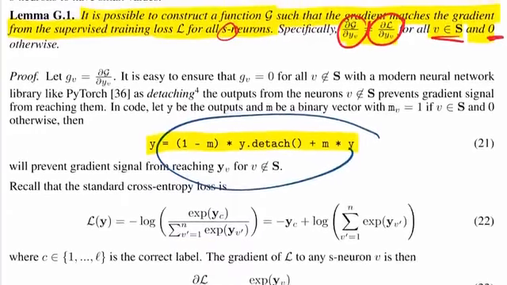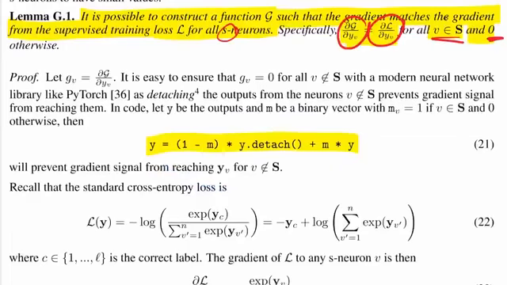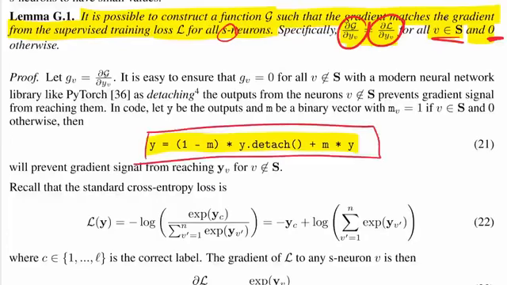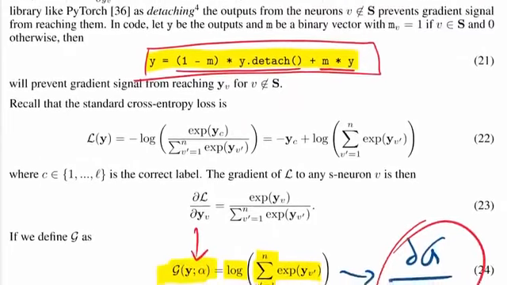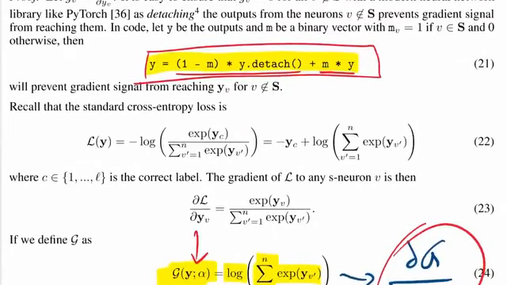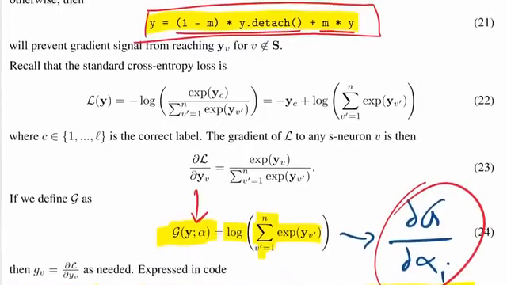The zero otherwise is pretty easily done in math: you simply set it to 0. In the actual code, you can achieve it like this, where M indicates the superfluous neurons, so this is just multiplied here, and the other ones are detached, so there is no gradient flowing. This is the property that we only look at the superfluous neurons. And now we are going to show that the gradient is going to be equal.